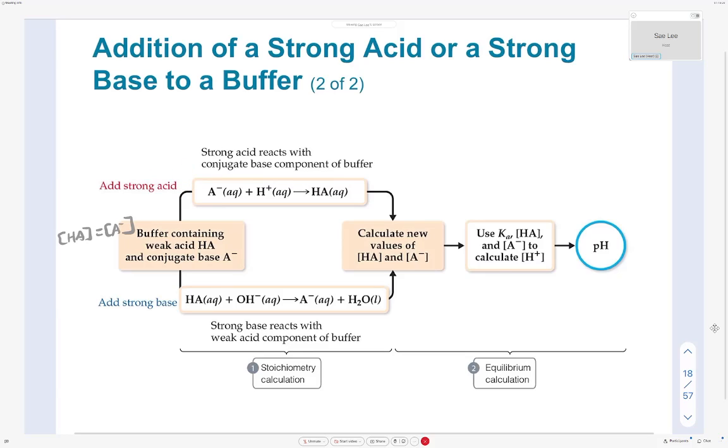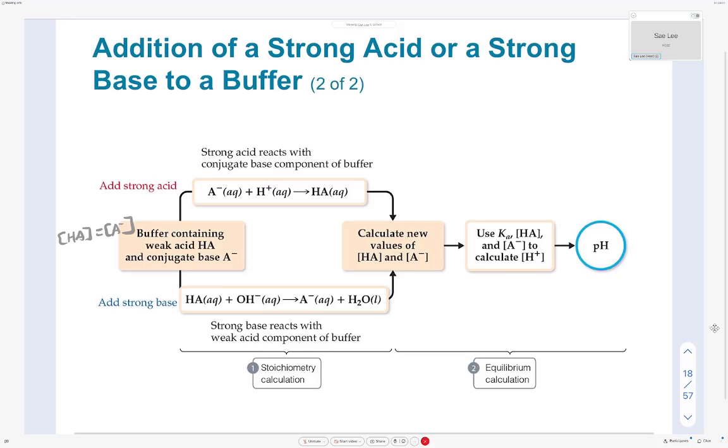The newly added strong acid is a stranger. So then the conjugate base component of the buffer will fight against this stranger. The conjugate base will react with the newly added strong acid, and this reaction will produce extra acid HA.